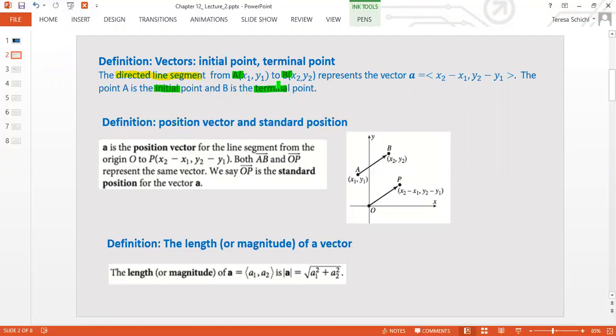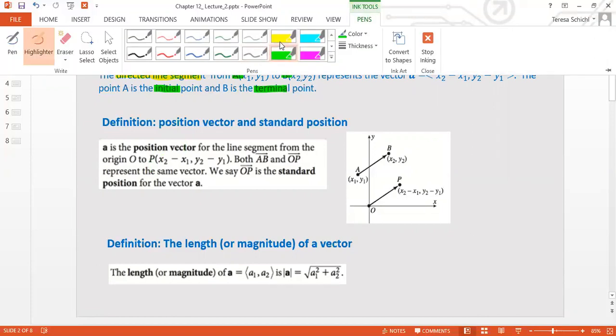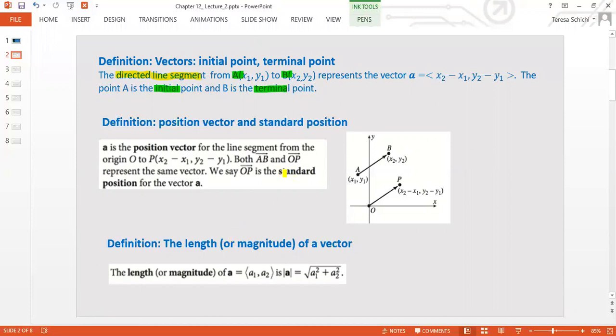Next, what is the position vector? We need to know what the position vector and the standard position vector are. The position vector A is the vector for the line segment from 0 to P. Let's look at what we just did.